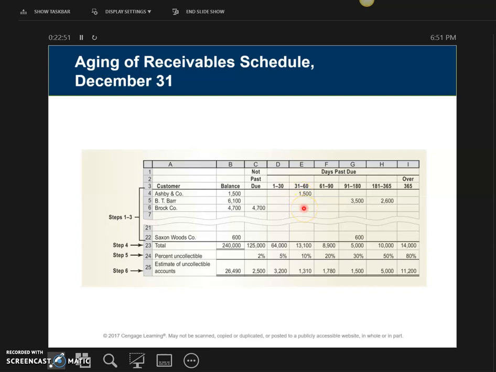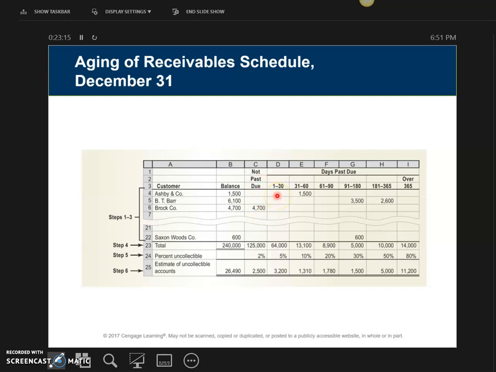You have to remember that if my terms are 30 days and it's past due by 31 days, the invoice date is more than 60 days old. So keep that in mind. The first column here is anything that's not past due. My terms are 30, so anything under 30 days from the invoice date would fall in this category.